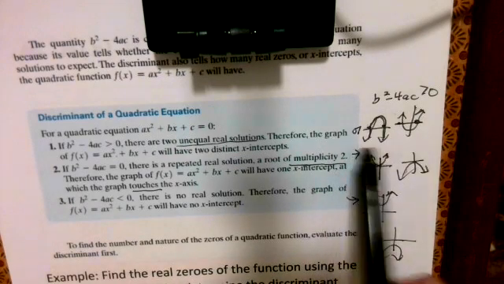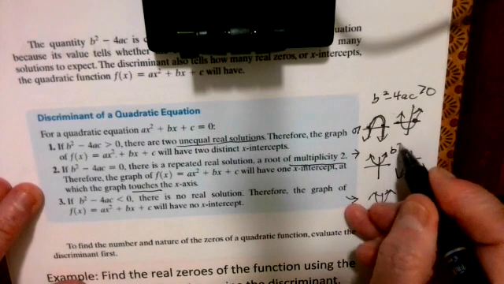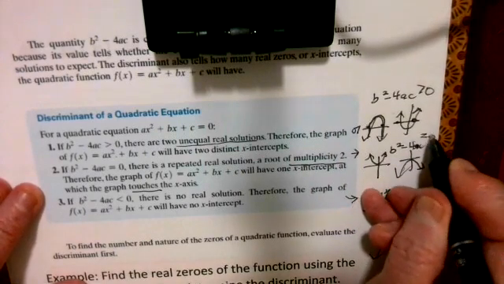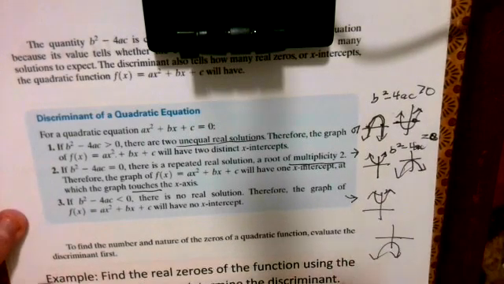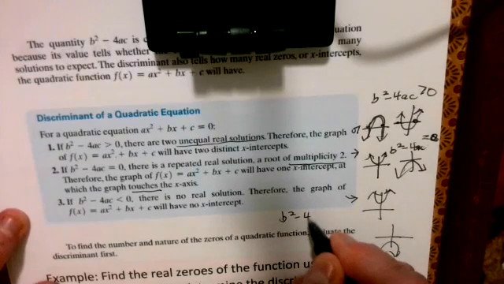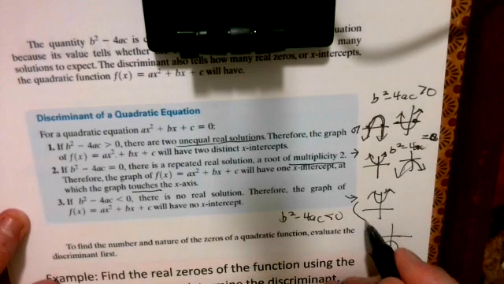So we'll have 2 if this is positive. If b squared minus 4ac equals 0, then it's just going to have the 1, and if b squared minus 4ac is negative, then it's going to look like one of these.